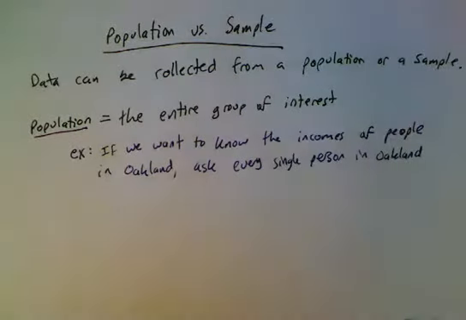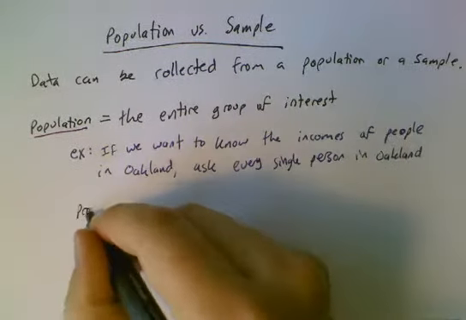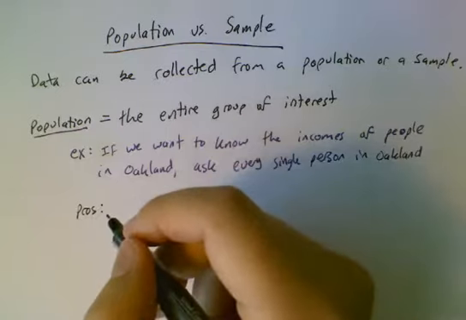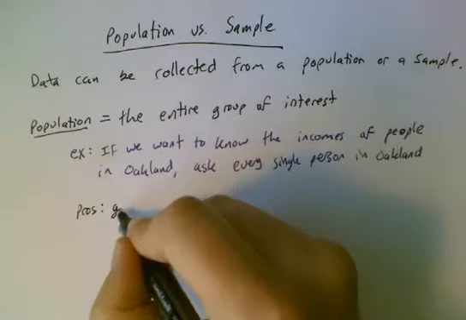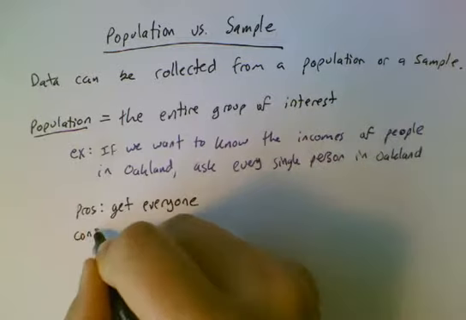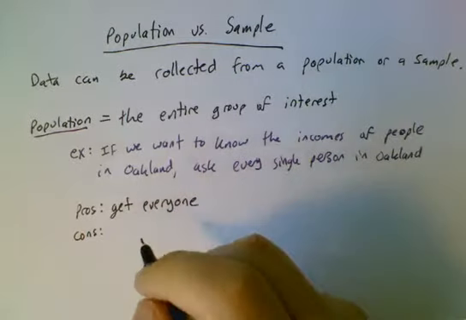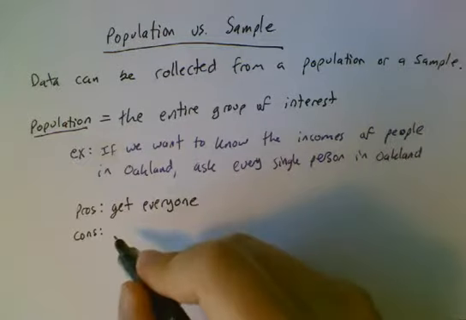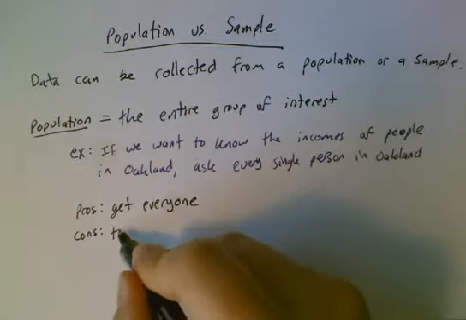And the pros are that we get everyone. We know the data is accurate. There's nothing that's been missed. But on the flip side, the cons are that it's really time consuming, it's really expensive, and sometimes it's flat out impossible.